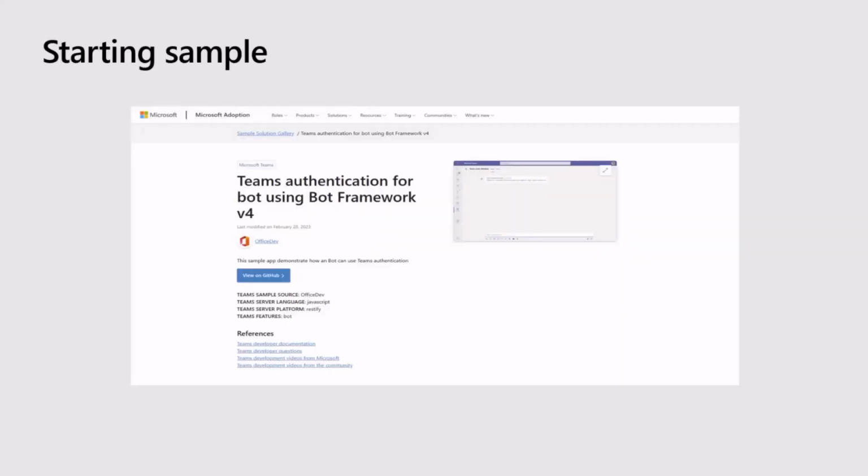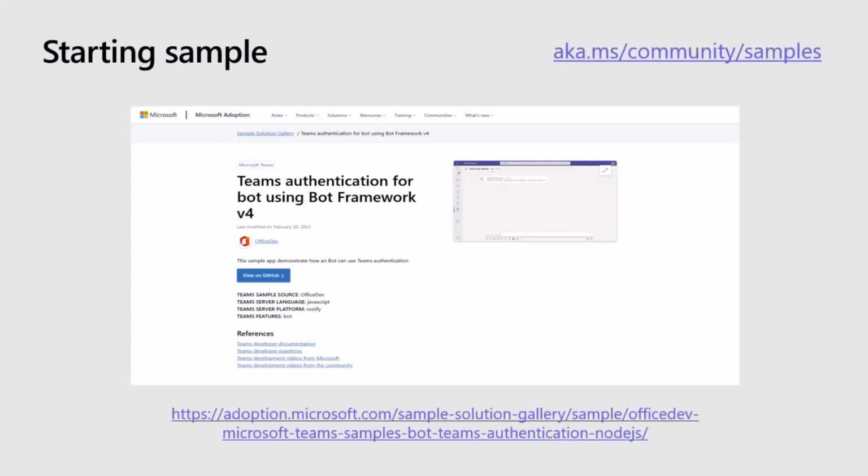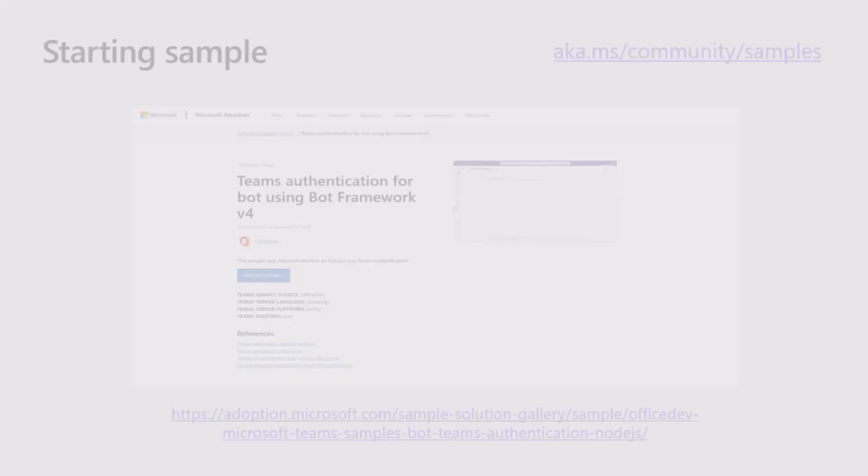What I'm going to show you is a starting sample and the steps that I went through to bring this project to Teams Toolkit, and then improve on it by adding in automation that Teams Toolkit provides. So this is the sample. It's available from the community samples, aka.ms/community/samples.